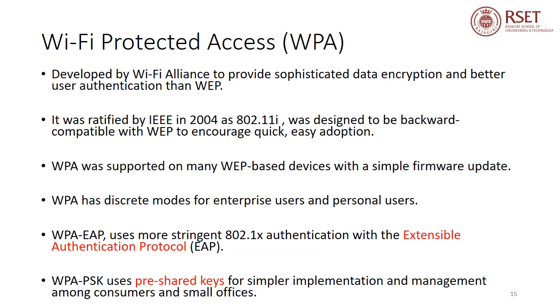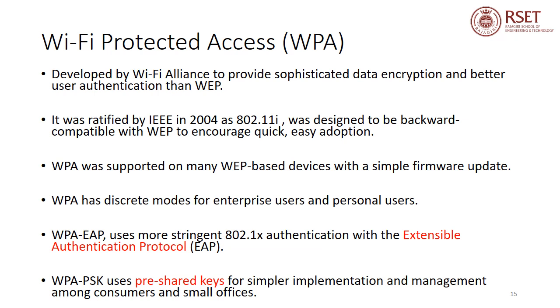In 2004, this method was standardized by IEEE as 802.11i, and it was designed to be backward compatible with WEP so that it could be easily installed and adopted by already existing wireless networks. WPA was supported on most WEP-based devices with a simple firmware update.